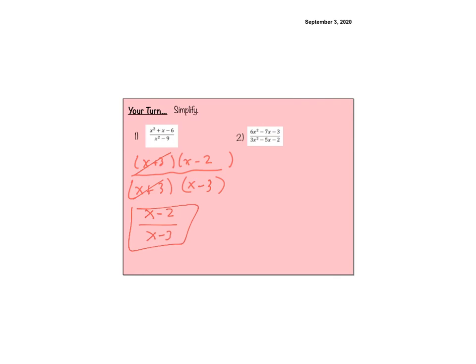Over here we just factor these. Alright, what multiplies to give us a negative 3? It's got to be a 3 and a 1. So I've got a minus 9 plus a 2 will give me a minus 7. What multiplies to give me 2?